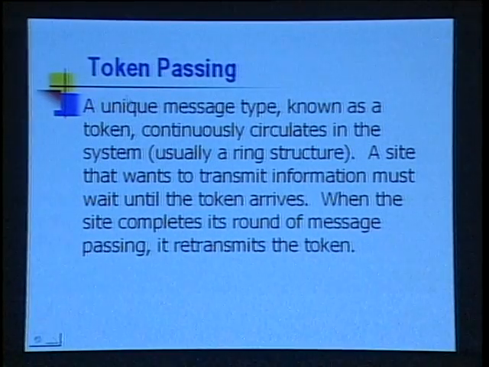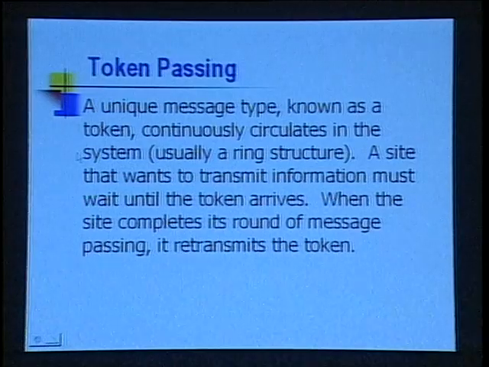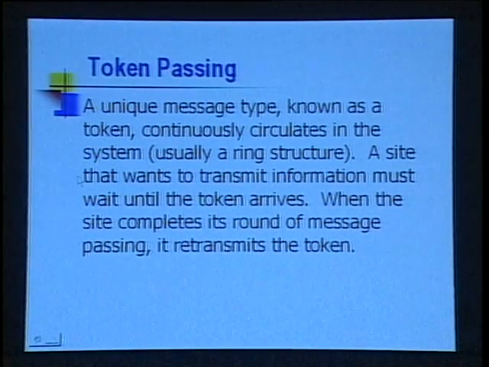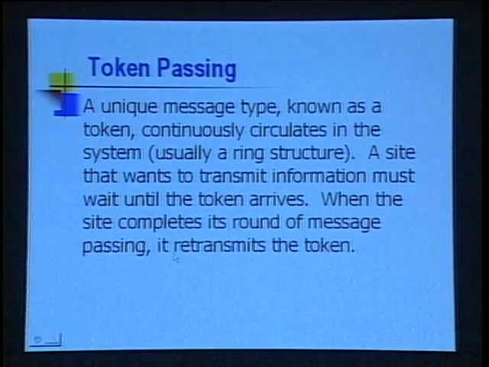In token passing, a unique message type known as a token continuously circulates in the system, and that system is usually in a ring structure. A site that wants to transmit information must wait until the token arrives at that site. When that site completes its round of message passing, the token is retransmitted on the network so that the machine which receives the token may be able to transmit information.